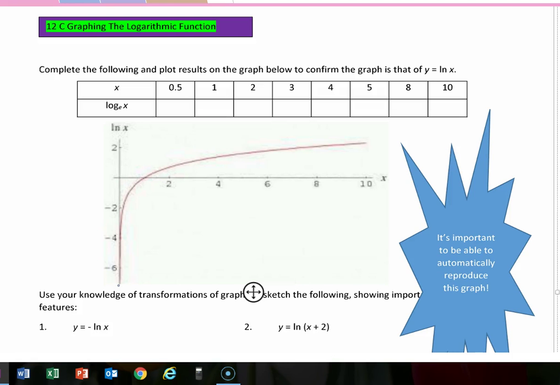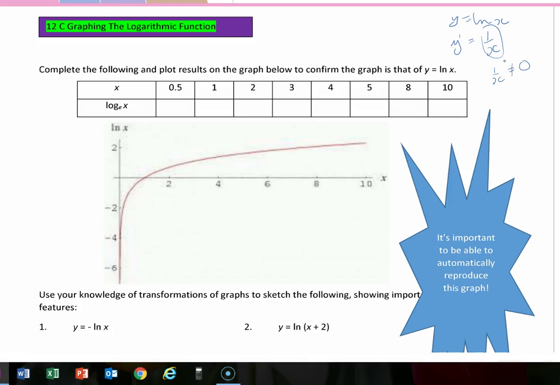And if you think about the derivative, if we've got y equals log of x, then y dash is equal to 1 on x. Can 1 on x ever be equal to 0? No, 1 on x can never be equal to 0. Therefore, there are no turning points.